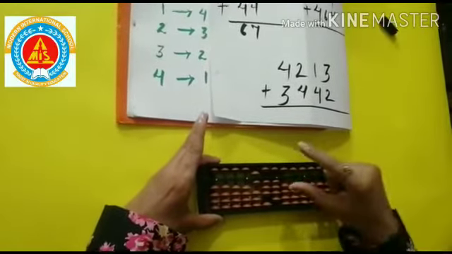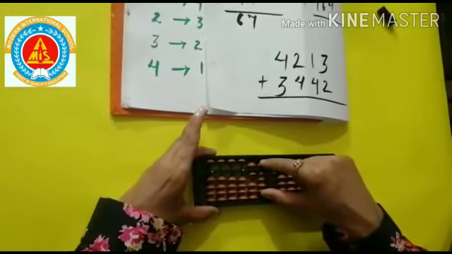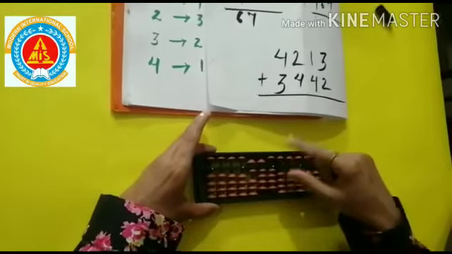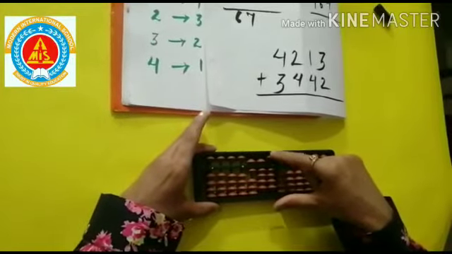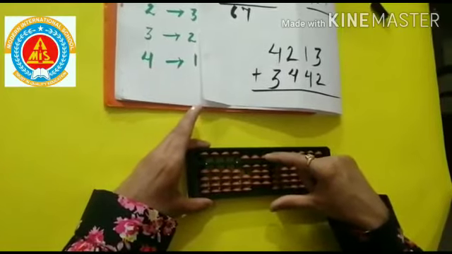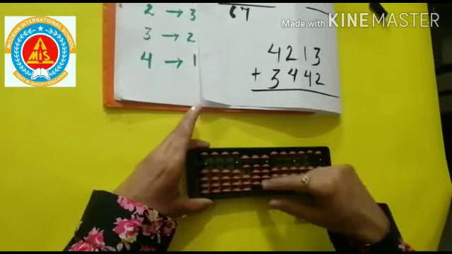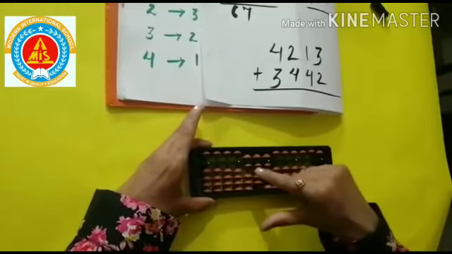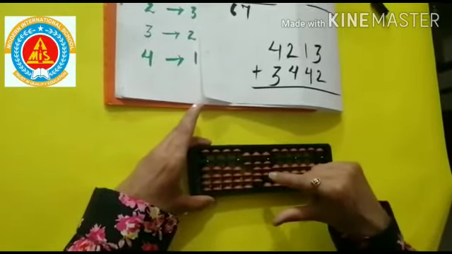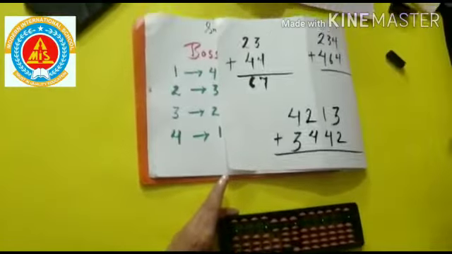Now 6: enough beads are here, so we will take this one as 6. And now 4: not enough beads are here, that's why add the boss 5 less the friend of 4. Now this will be the answer. 698 will be the answer.